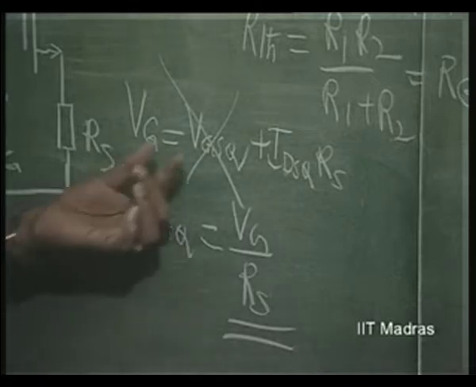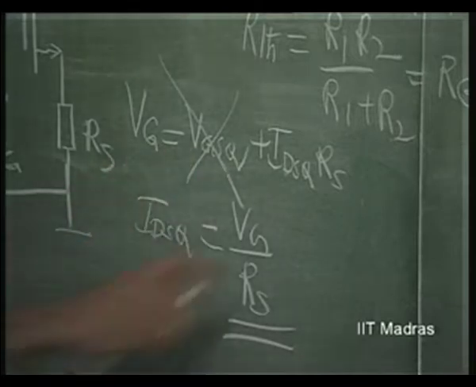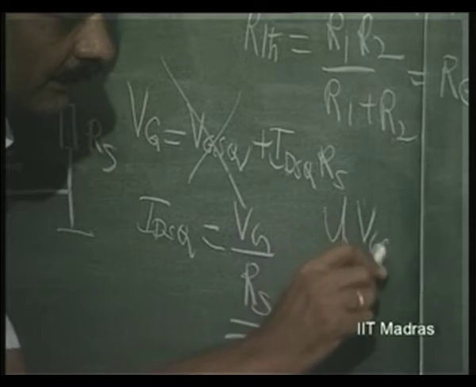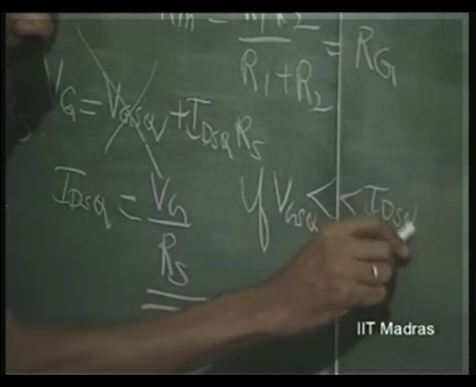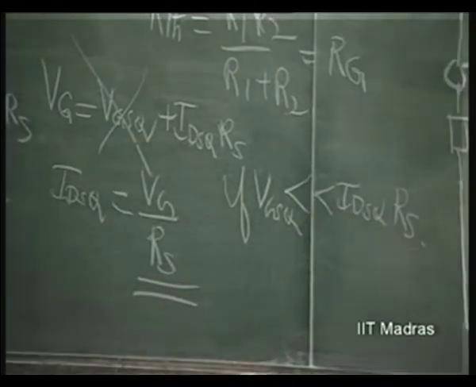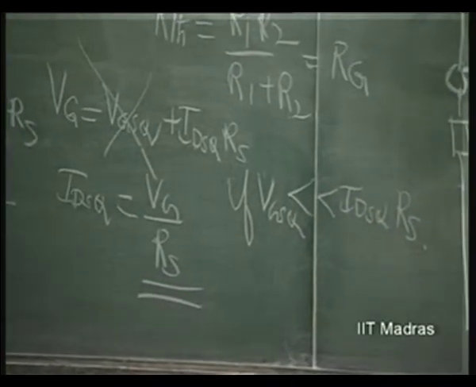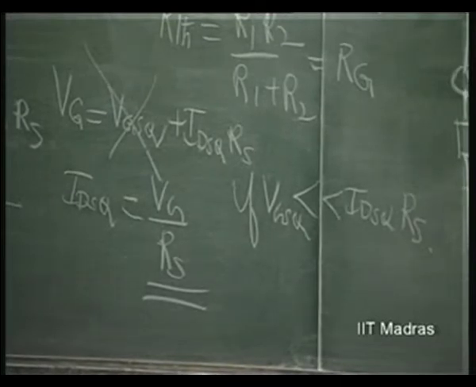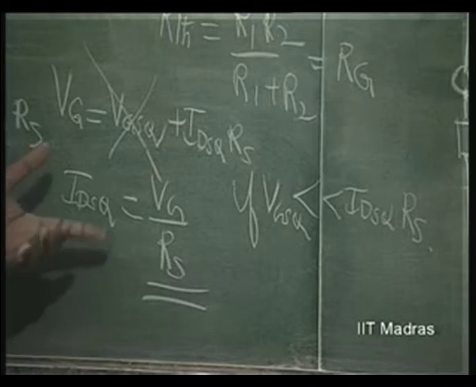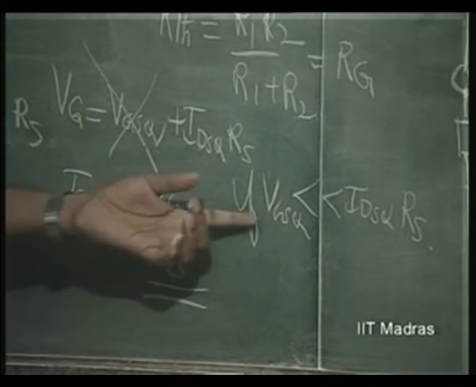So, if VGSQ is much less than IDSQ into RS. Is this point understood? What is VGSQ?